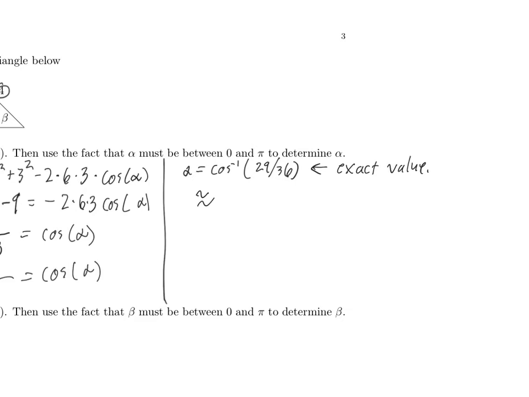Using a machine, that angle alpha is approximately 0.634 radians. Let's also get it in degrees. 0.634 radians is approximately that number multiplied by 180 divided by pi, for an angle of 36.34 degrees. Again, approximately. So for emphasis, these are both approximate values.